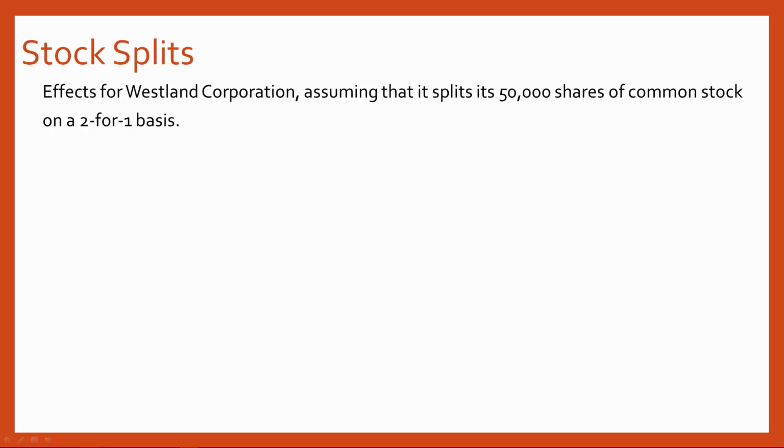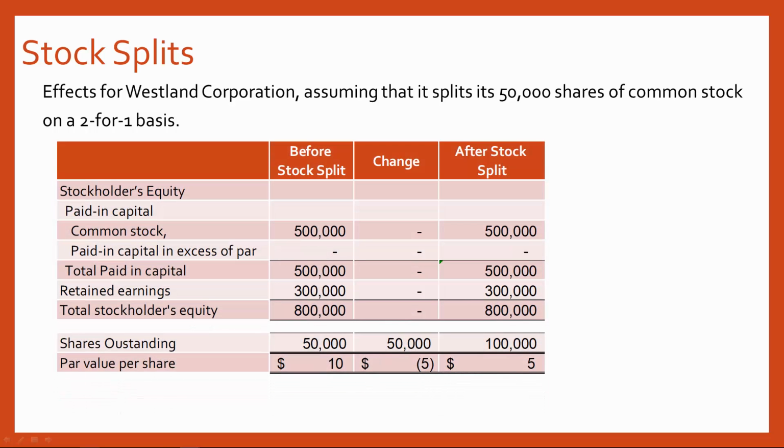So if Westland Corporation decides to take 50,000 shares and do a stock split on a 2-for-1 basis, there's no journal entry, which means there's no change to the stockholders' equity section at all. The only thing that happens is they originally had 50,000 shares outstanding. Because it's a 2-for-1 stock split, we multiply that times 2, so now there are 100,000 shares outstanding.